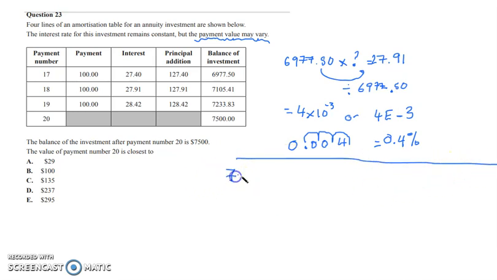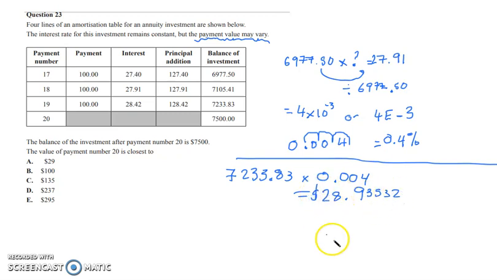So $7,233.83, and if we multiply it by the percentage as a decimal, this will come out as an answer of $28.93532. It's important that we keep holding on to all our decimal places.